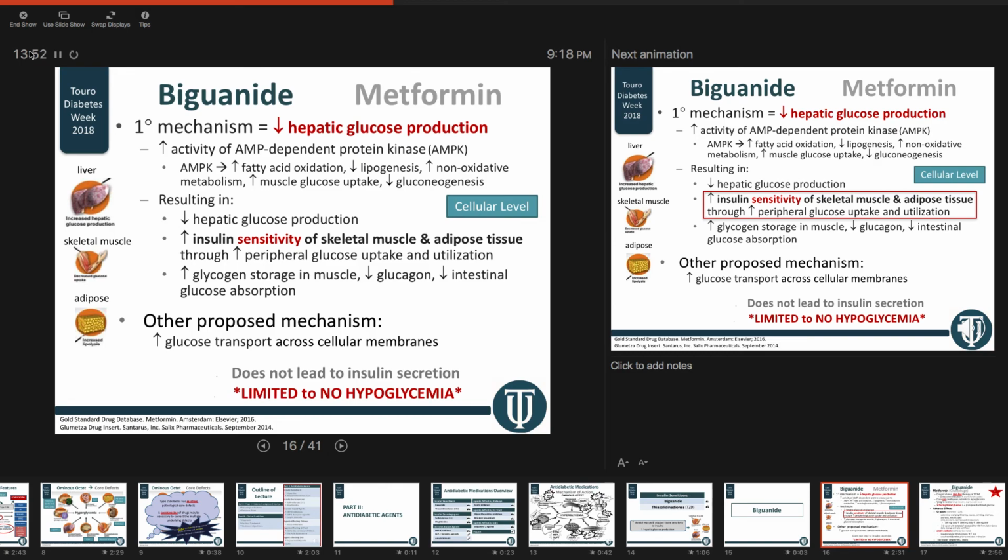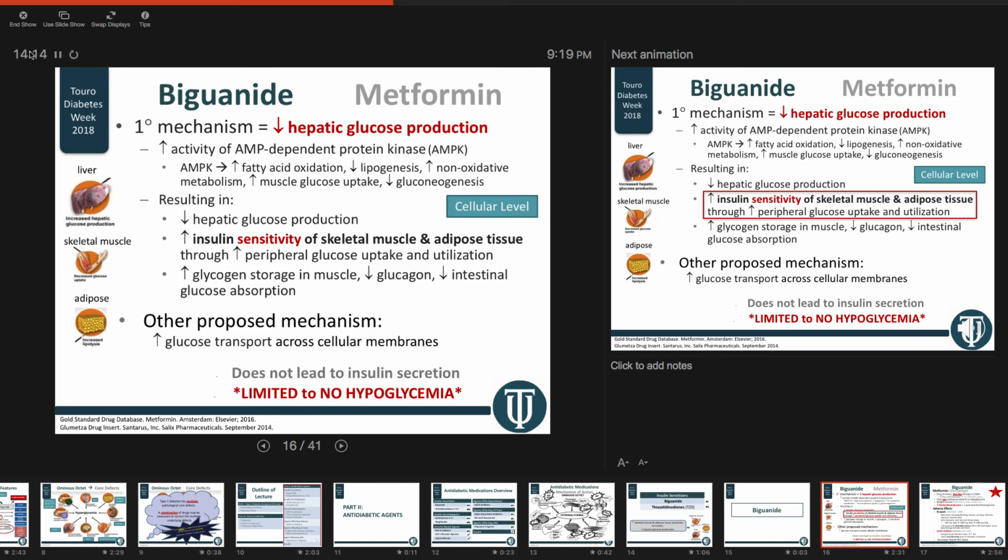So metformin would increase the activity of a kinase, and specifically it's the AMP-dependent protein kinase. After the activation is started, we will see an increase in fatty acid oxidation and a reduction in lipogenesis.